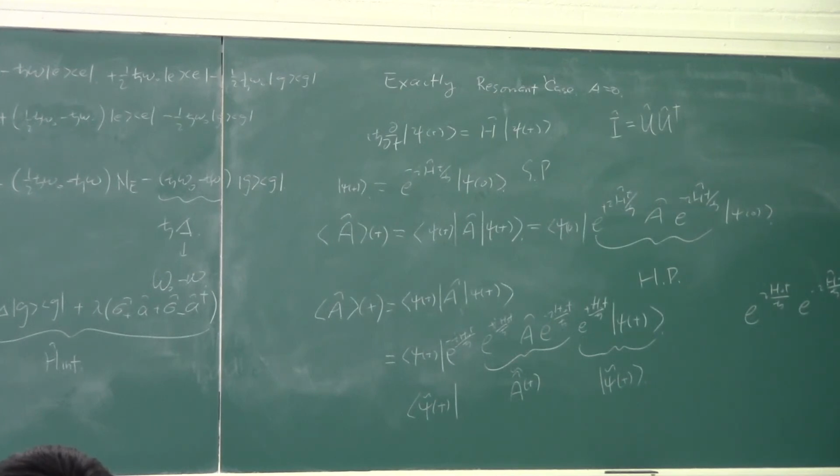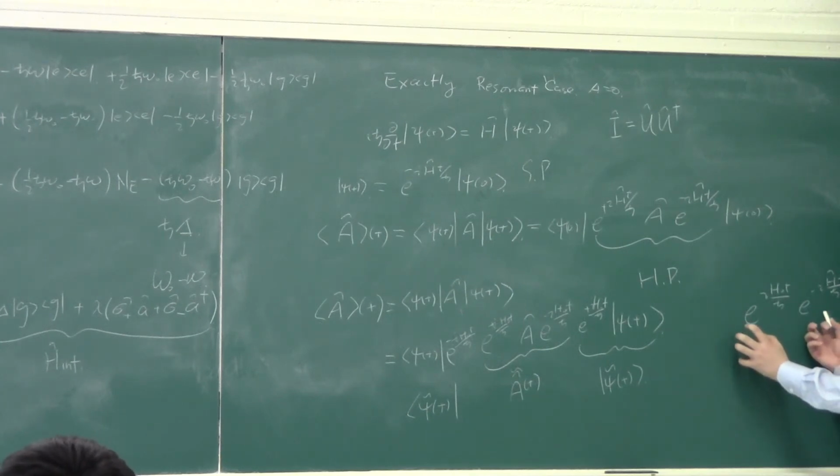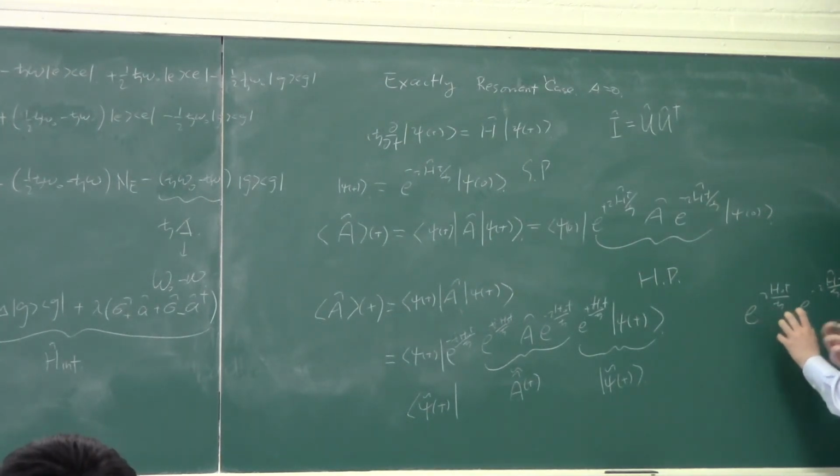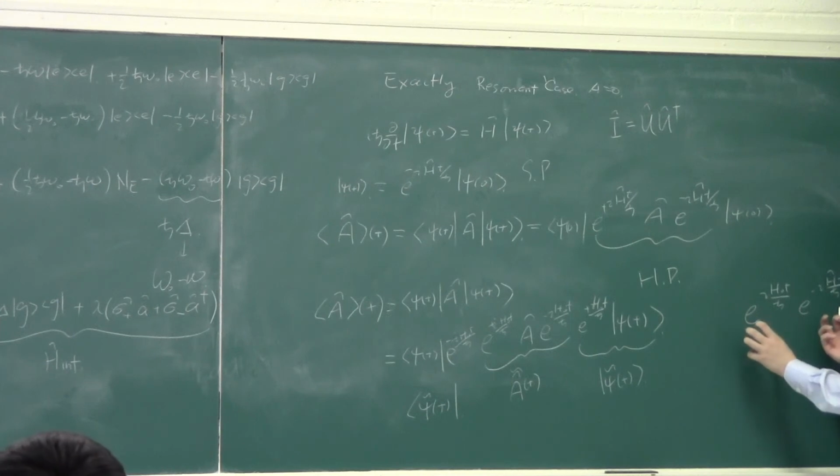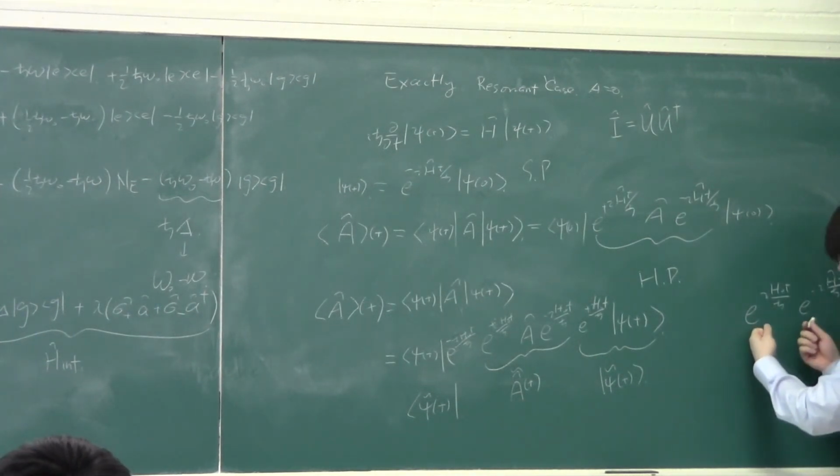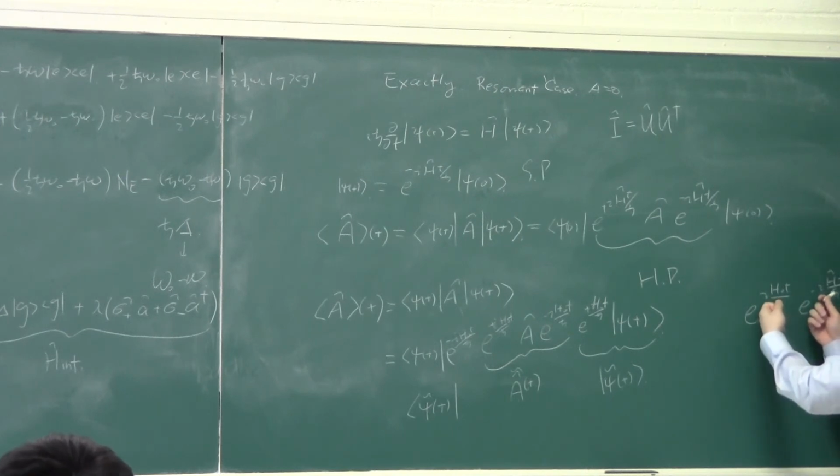And depending on whether the H0, this part, commutes with the interaction part. If they do commute, then these things just become a simple addition. Multiplying the exponentials just becomes adding the exponents.